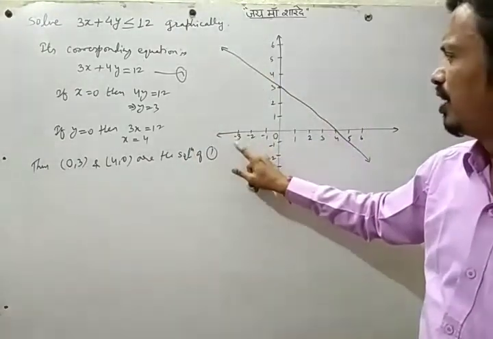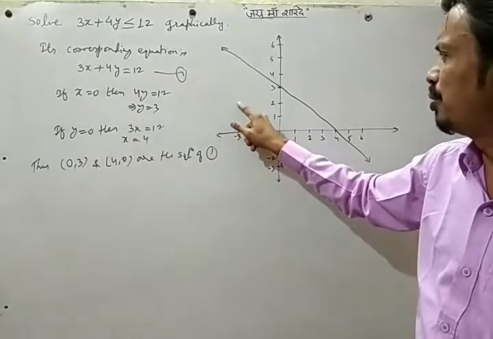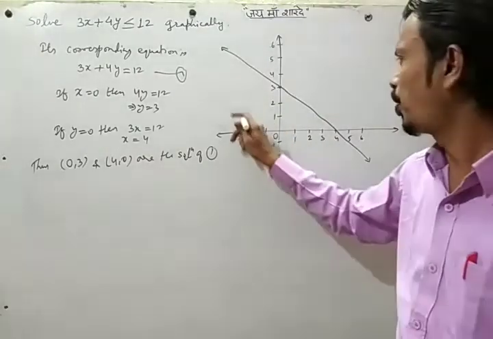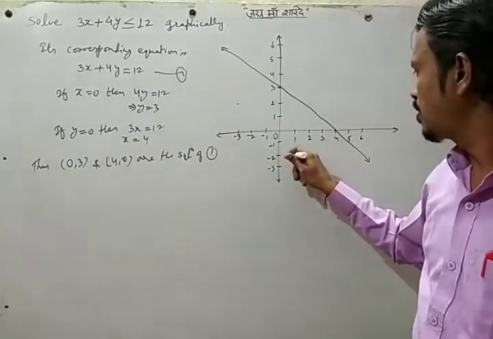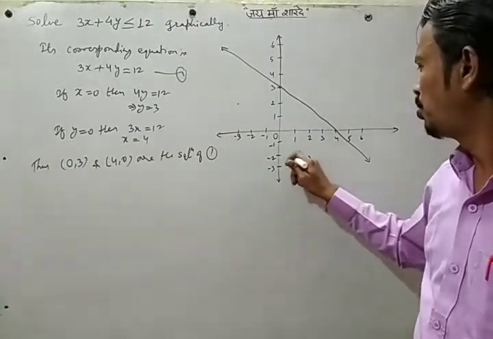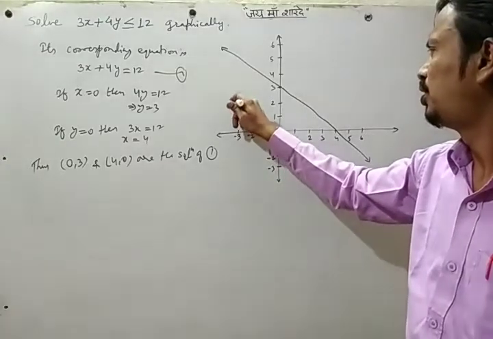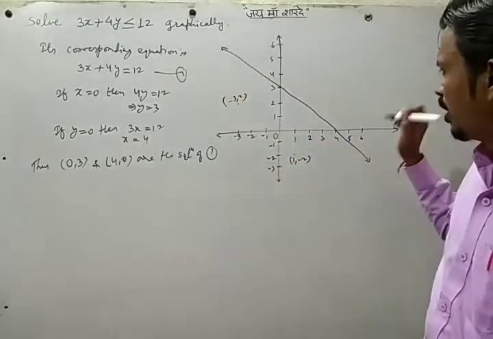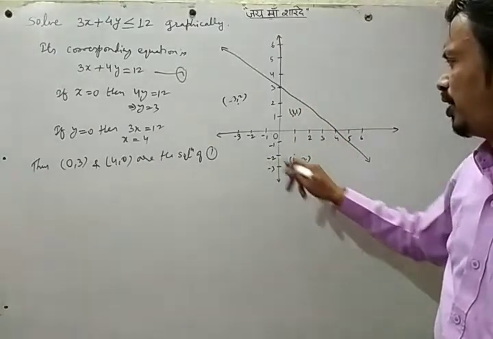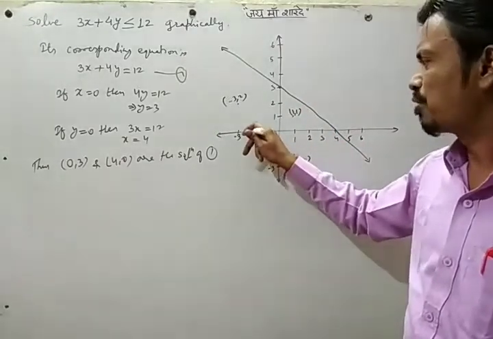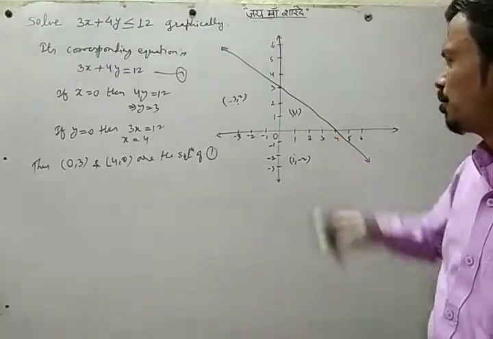For example, (-3, 2) is one point, (1, -2), (1, 1), (-2, 0), (2, 0).